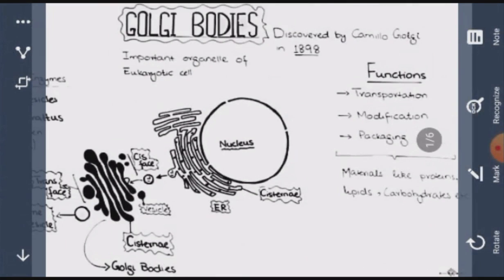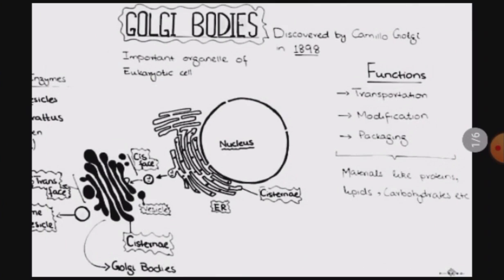In my last video of this chapter, Cell the Unit of Life, part 2, we saw the endoplasmic reticulum, its structure and function. If you have not seen the last video, please have a look and then come to this video. We saw how ribosomes are attached to the endoplasmic reticulum; when they are attached, it is called rough endoplasmic reticulum.